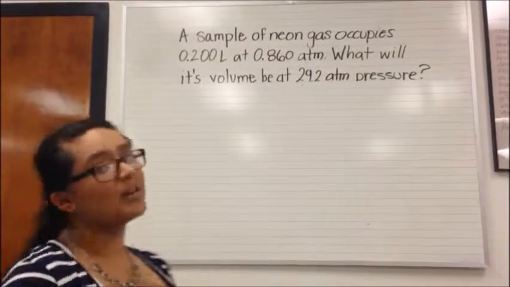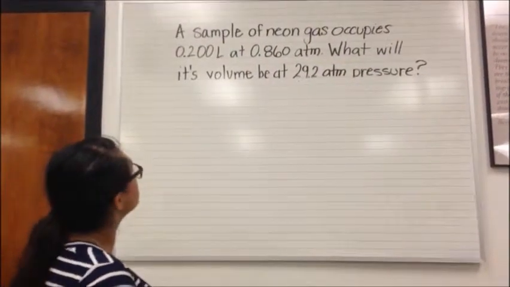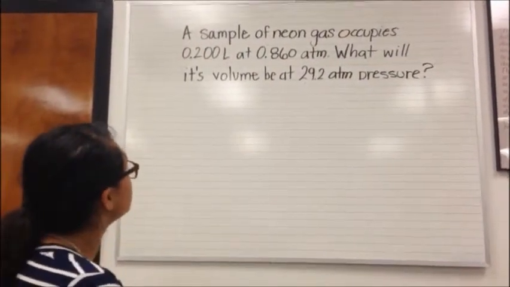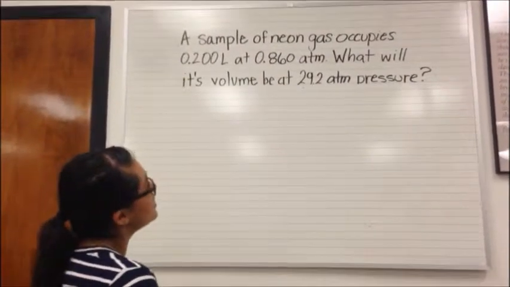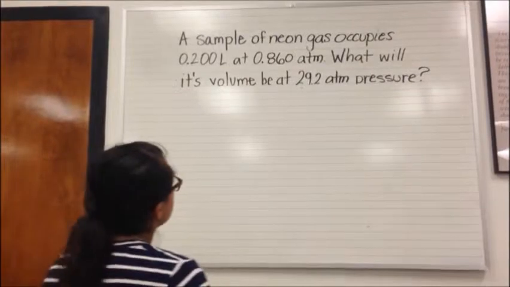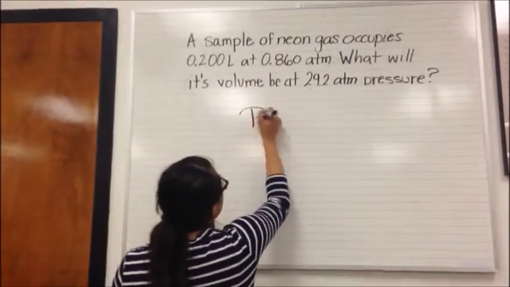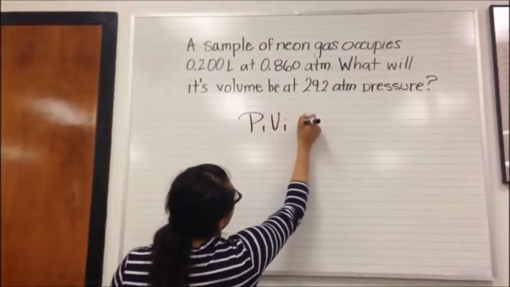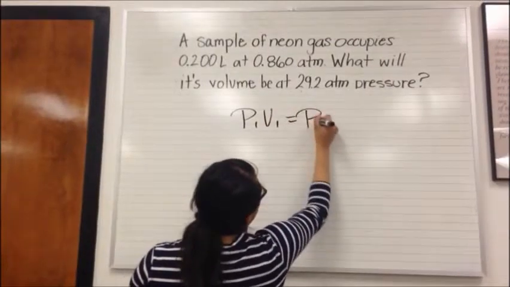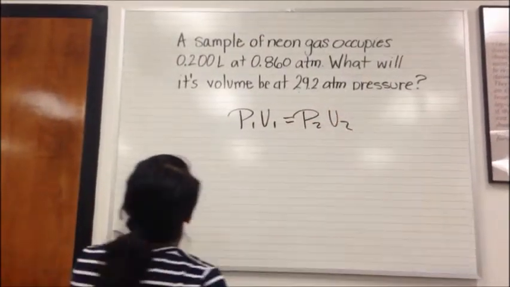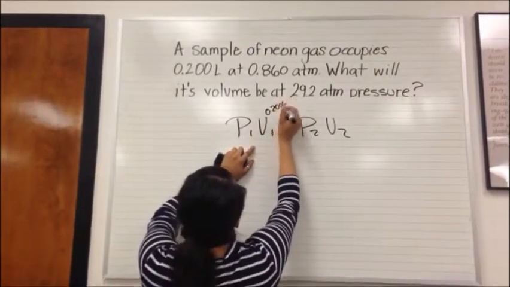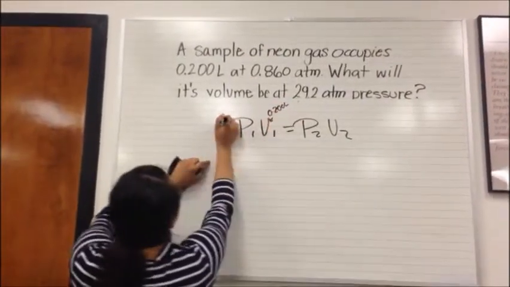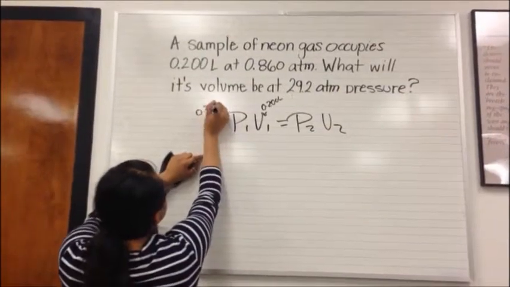A sample of neon gas occupies 0.200 liters at 0.860 atm. What will its volume be at 29.2 atm? We know that Boyle's law equation is P1V1 equals P2V2. We know that 0.200 liters is the volume and P1 is 0.860.